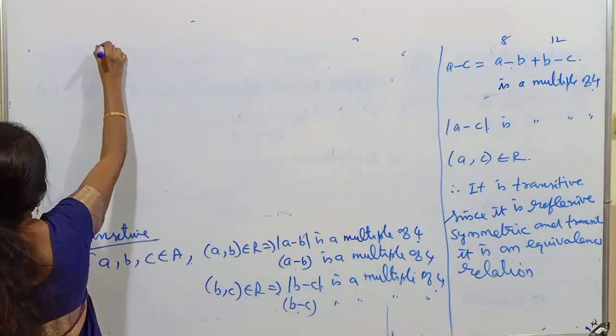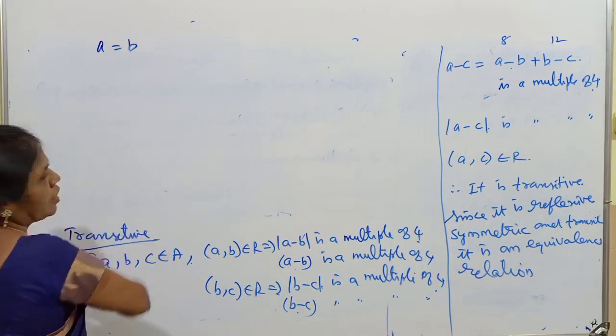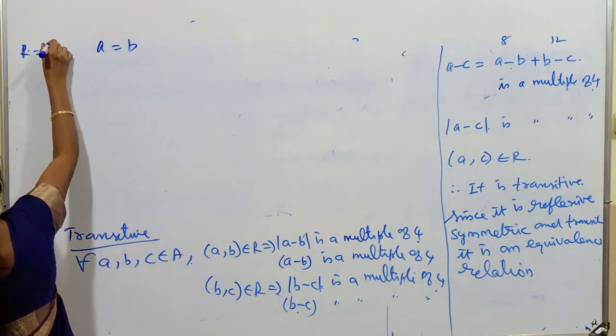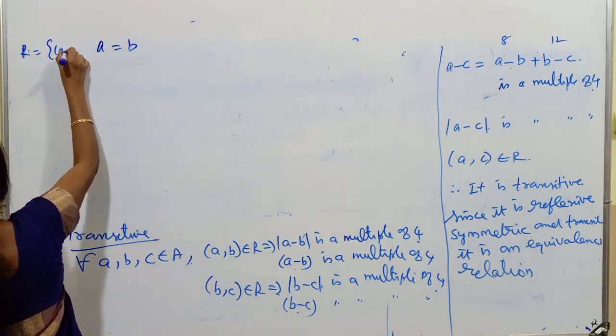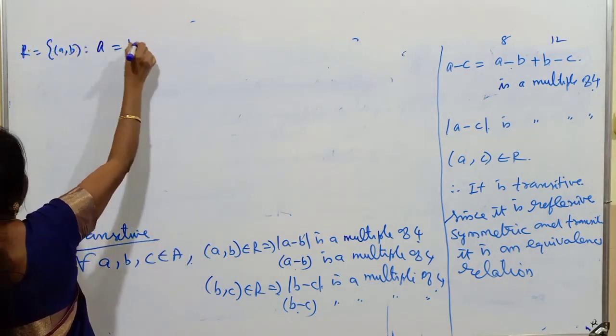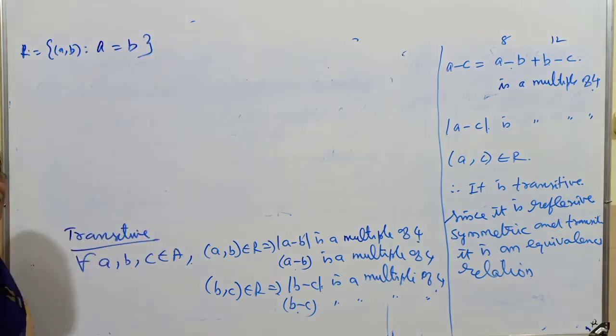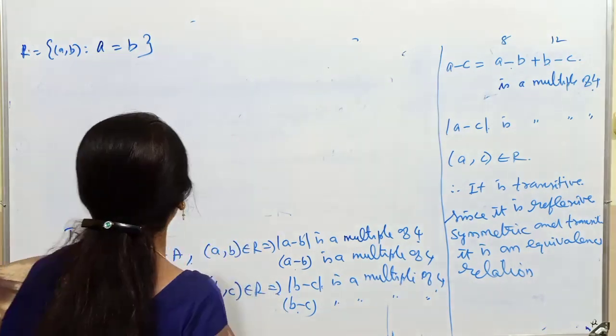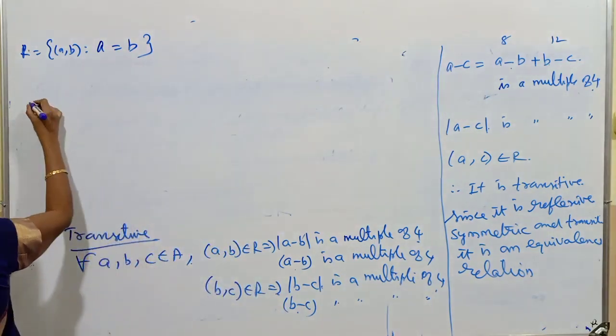Let us take a equal to b. So that is, what is that? R equal to a comma b such that a equal to b. So we have to prove this is an equivalence relation. Again, it is very simple for you. So now what will you say?